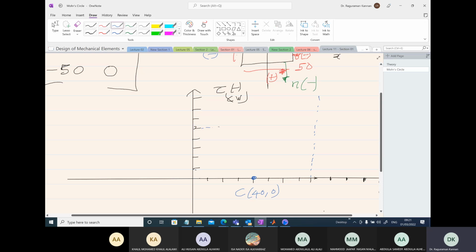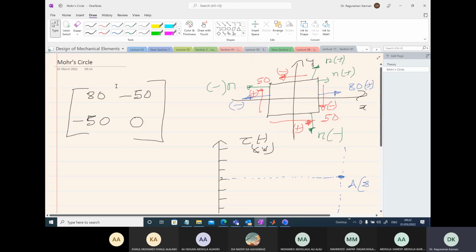So this is the one. Let's extend this point, and this intersection point is our A. So I'm going to write A in brackets with the coordinates. The coordinates are 80 and minus 50.